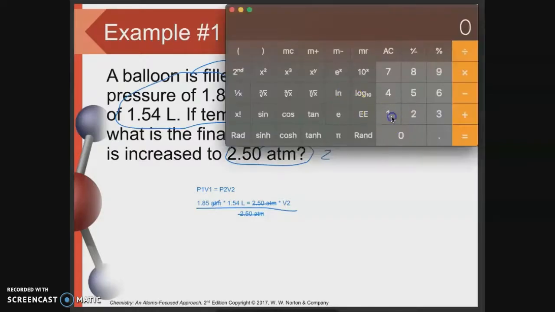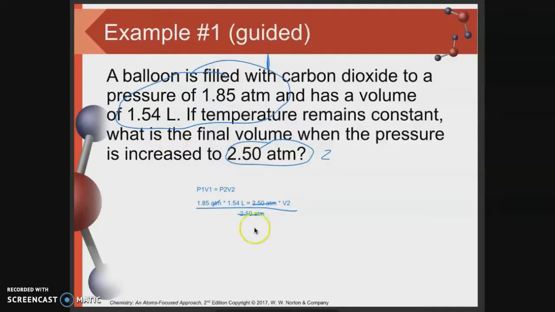I got my calculator out here, 1.85 multiplied by 1.54 divided by 2.50. To 3 significant figures, I get 1.14 liters. So 1.14 liters is my secondary volume. And that makes sense, right? We have increased the pressure, so we must have seen a decrease in volume. And sure enough, we went from 1.54 to 1.14 liters. So that makes sense.